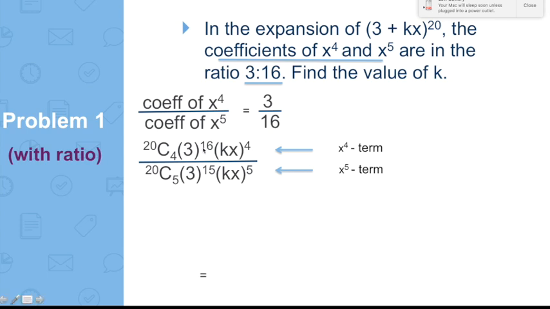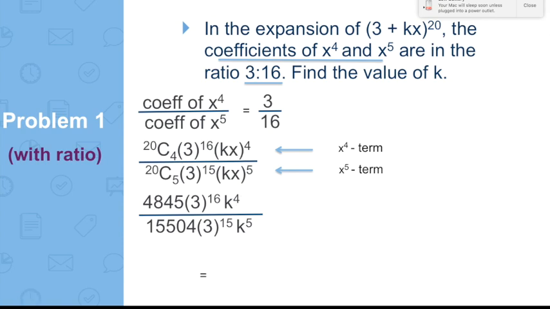So let's just get the coefficient. From the numerator, we will have combination of 20 taken 4, which is 4,845, and then 3 to the power of 16, and then k to the power of 4. We don't want the x^4 anymore because what we just want is the coefficient.